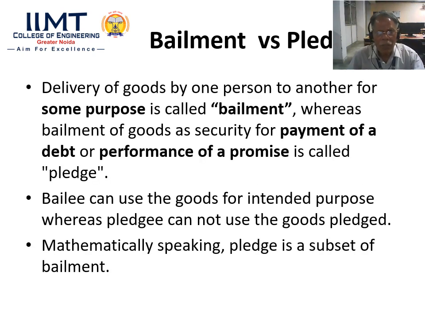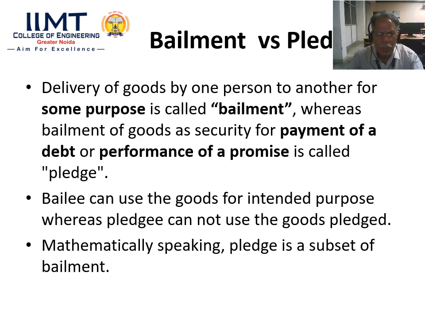Now, as last part of the lecture, let's see the difference between bailment and pledge. As the two contracts are very similar, as we can see, the delivery of goods by one person to another for some purpose is called bailment, whereas bailment of goods as security for payment of a debt or performance of a promise is called pledge.